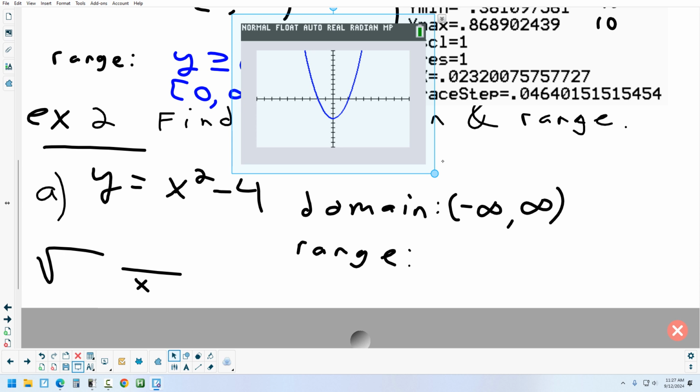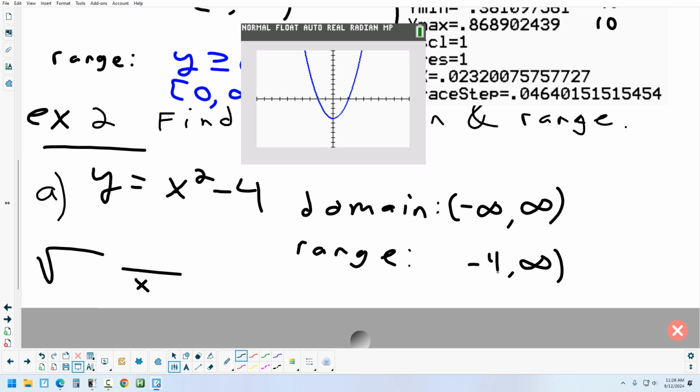No. Okay. Does it go up forever? Yes. Okay. So then we could at least say the highest value, if it goes up forever, is infinity. If you're saying it doesn't go down forever, then you're saying it stops somewhere. Where does it look like the lowest number is that this parabola goes? Negative 4. Yep. And will it hit negative 4?